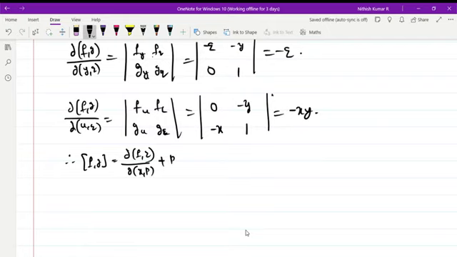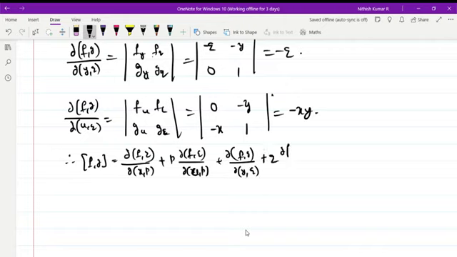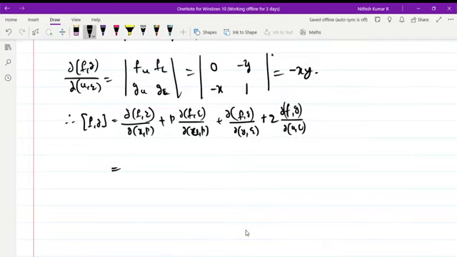And the last one, that is ∂(f,g)/∂(u,q), the determinant of f_u, f_q, g_u, g_q. The derivative of f with respect to u is again 0, f_q is minus y, g_u is minus x, and g_q is 1.